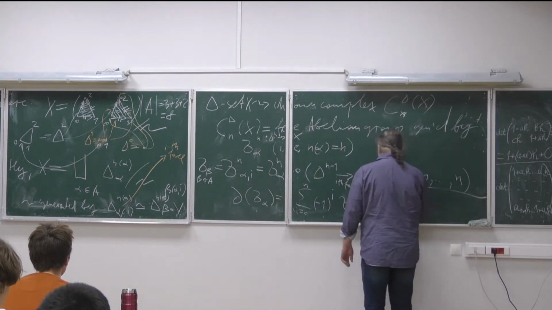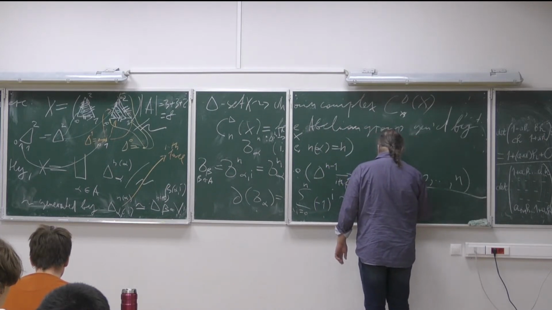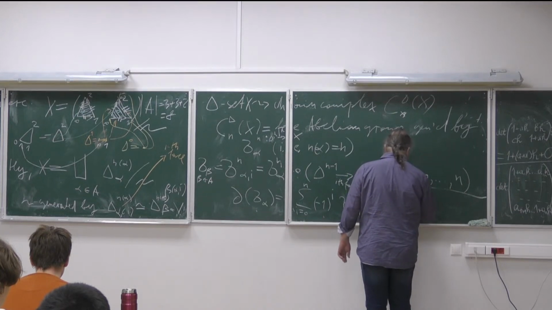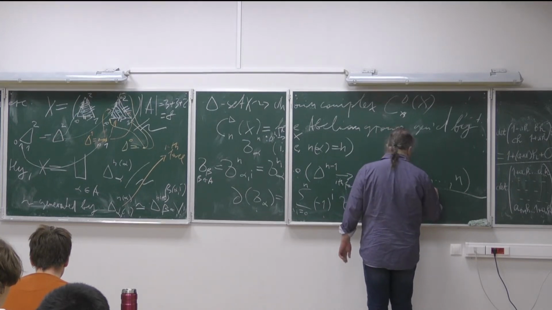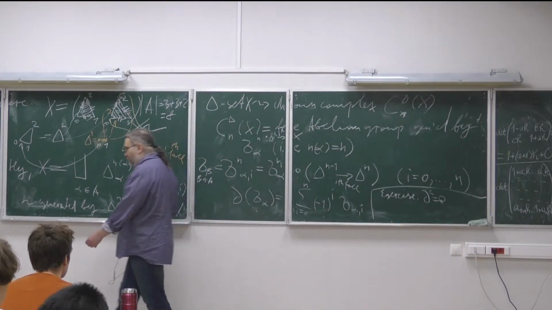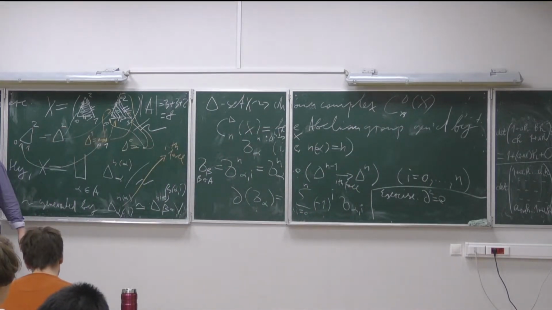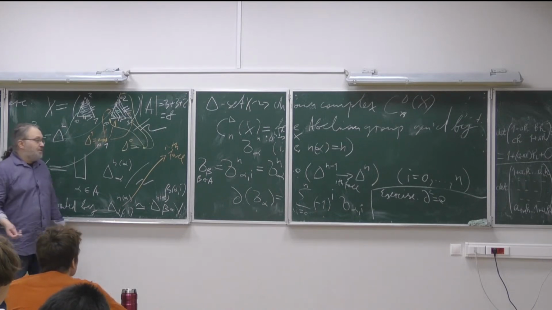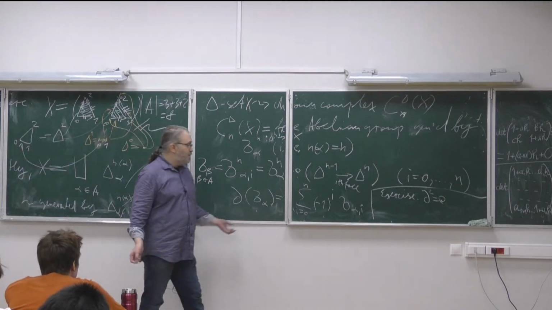Again, exercise: delta squared is 0. And this is quite straightforward.